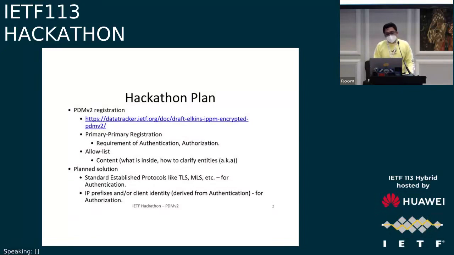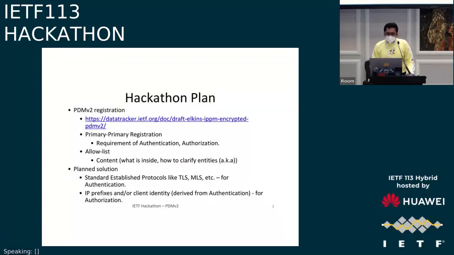We propose a sample registration protocol, and we keep an option open for enterprises to implement their own registration protocol. For the registration protocol, we have broken it down into primary server, primary client, secondary server, secondary client. In the hackathon, we focus on the primary registration, where we try to establish a shared context.